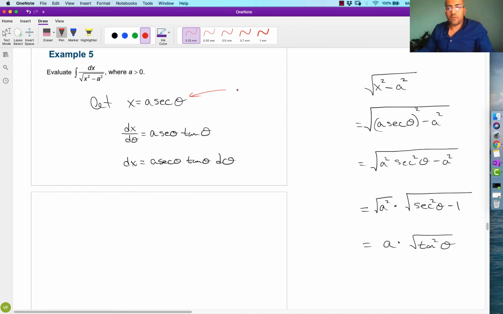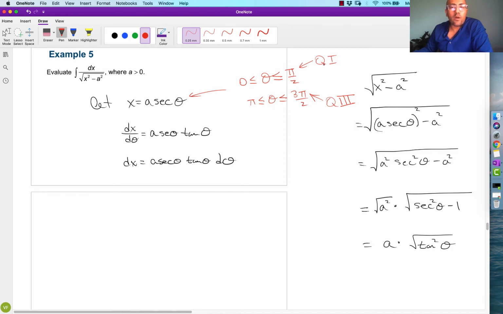Secant theta is going to be restricted to be between 0 and pi over 2, or, it jumps again, it's trapped between pi and 3 pi over 2. Okay, so this is going to be quadrant 1 or quadrant 3.